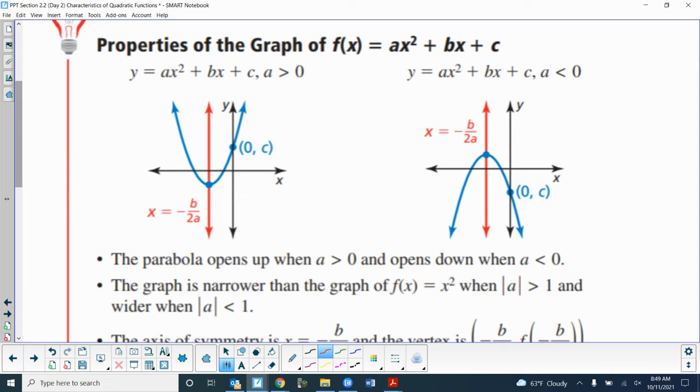So this form we call standard form. And that's what we had said back when we were doing some review, when we had that little review quiz.